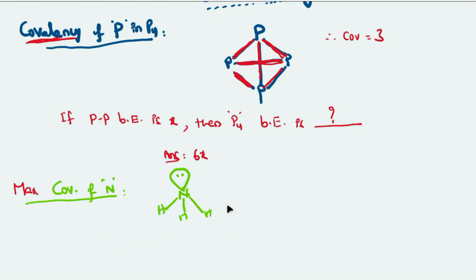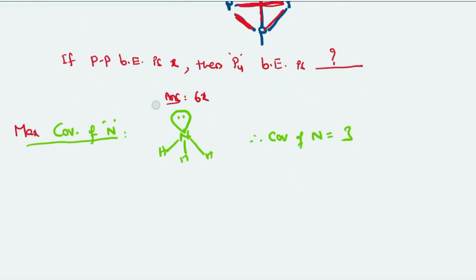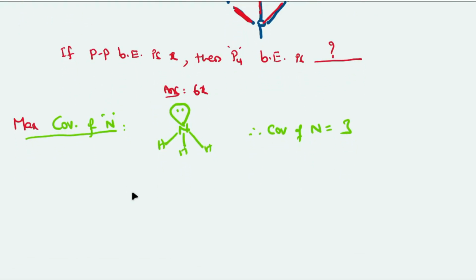So covalency means number of covalent bonds attached to nitrogen. Therefore here covalency of nitrogen is equal to 3. But the question is maximum covalency. Sir, here nitrogen has 2 electrons, therefore it forms some other 2 bonds.